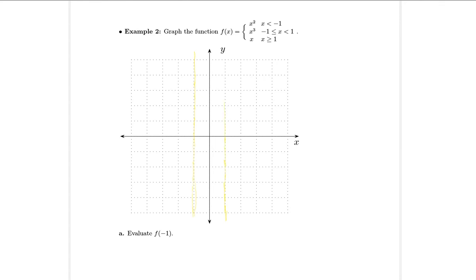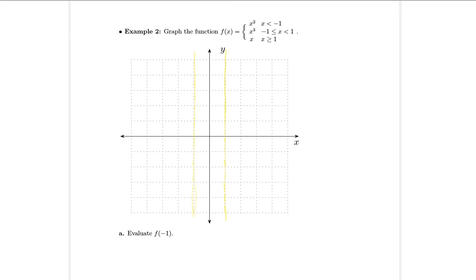The reason this is nice is because visually then you're able to see that to the left of this yellow line I should have one function. In between these two yellow lines I should have a completely different looking function, and then to the right of the yellow line I should have a completely different looking function. So there's where your three different functions are actually going to go. So that's one thing that can help.